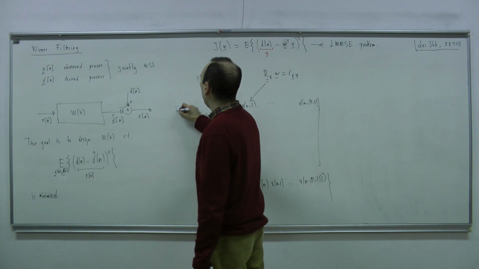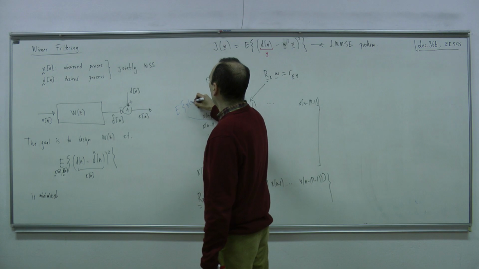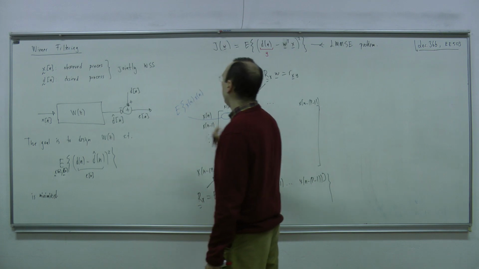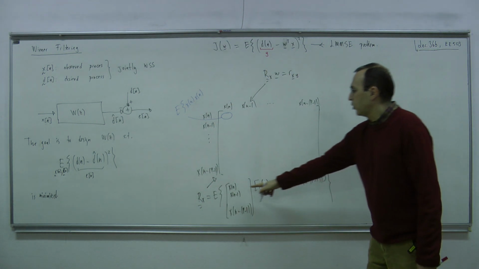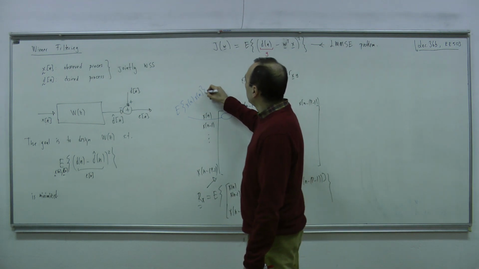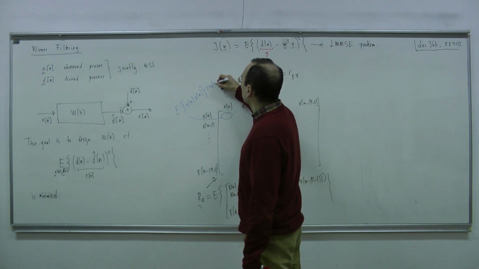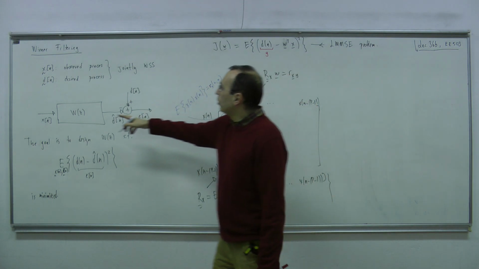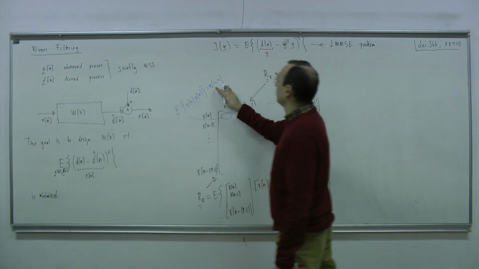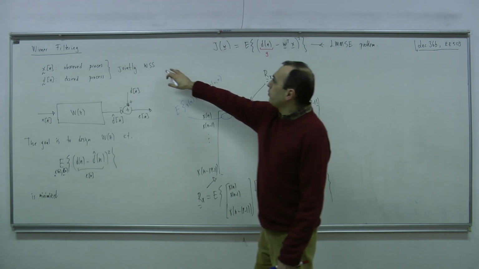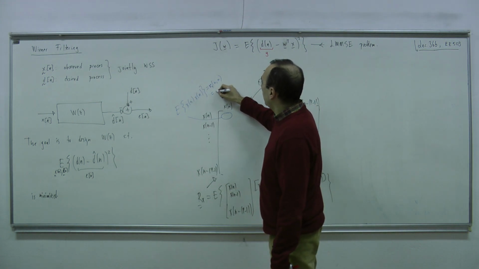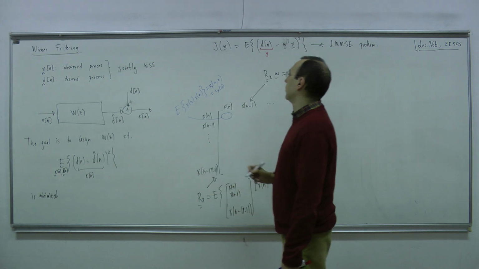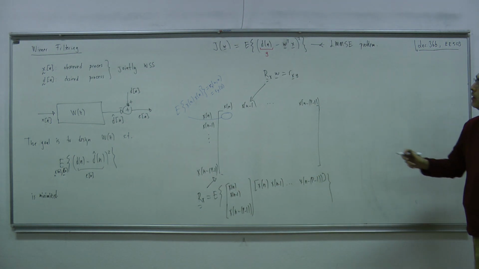This is the expected value of x(n) times x(n), which is in general R_x(n,n), the autocorrelation of this x(n) process. But since this is wide-sense stationary, I know that it's R_x(0). There is some abuse of notation, as we have said.